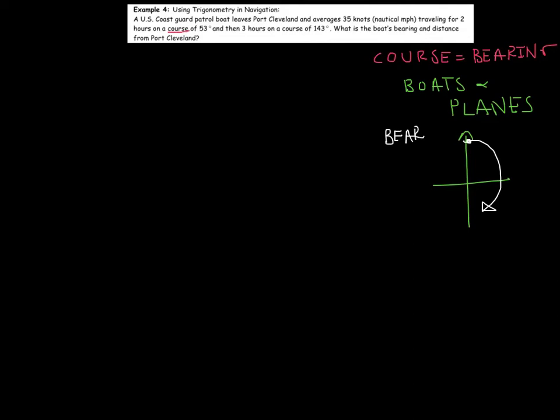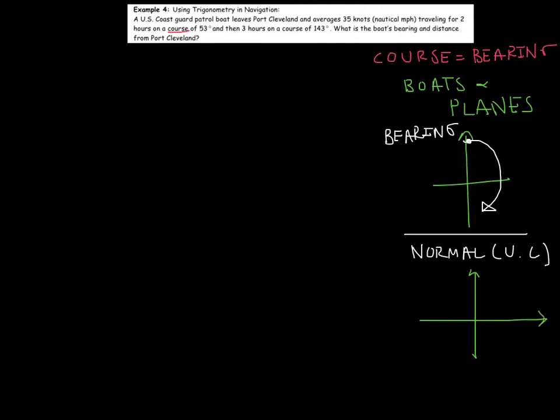So when you see the word bearing or course, you need to measure the angle differently than you normally would. So let's just call that bearing, and let's also write below that, normal unit circle. All right? So when you think of unit circle, what do you think?